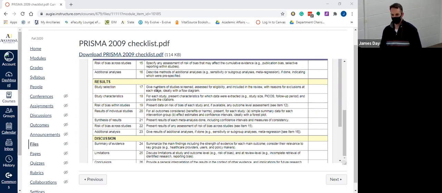describing your results. In some of the examples, take a look at some of the examples. They moved that into the methods section. That's a way that some authors have done it. It's acceptable in both ways, but by definition, these are results.